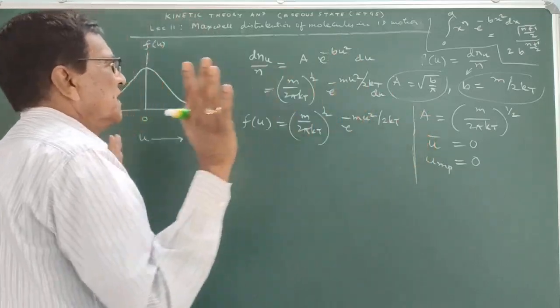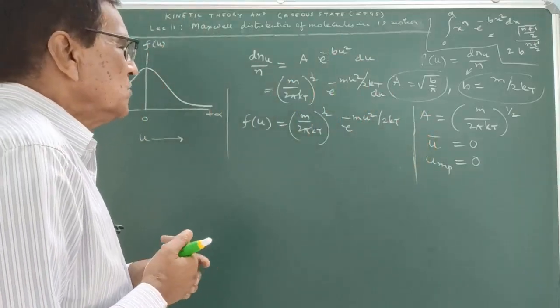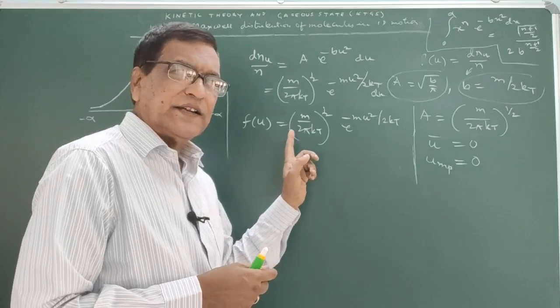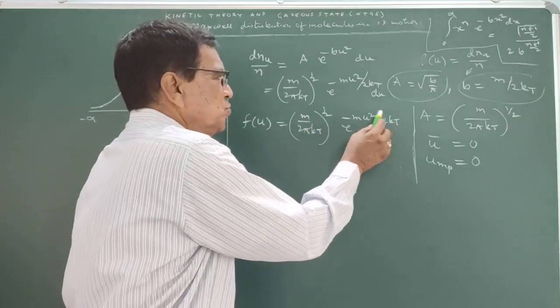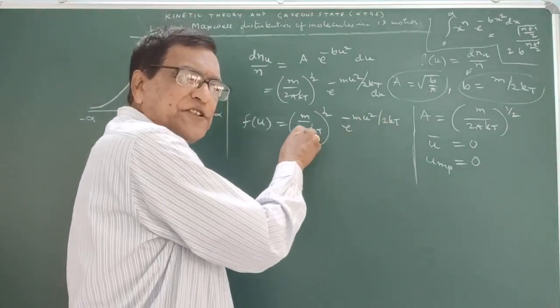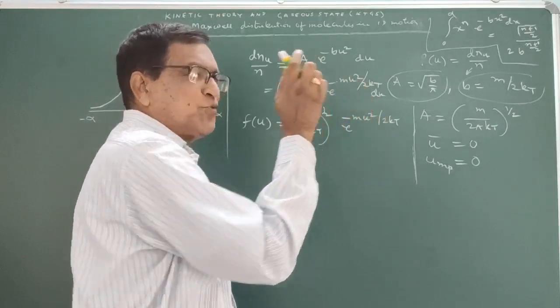This is the distribution function. So T is present in these two terms. This is the non-exponential and this is the exponential.